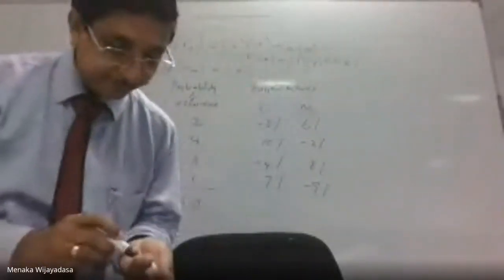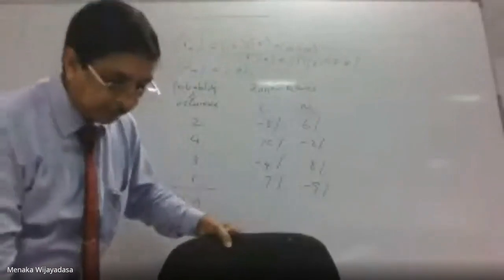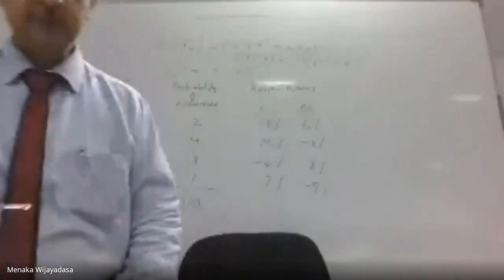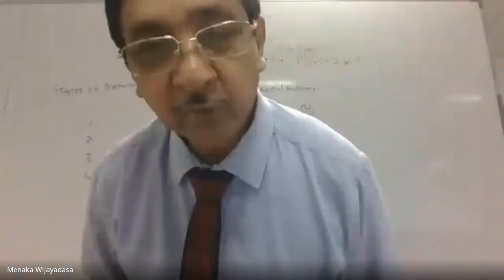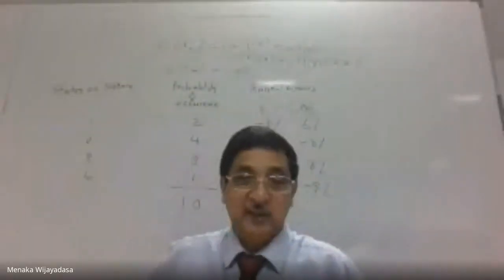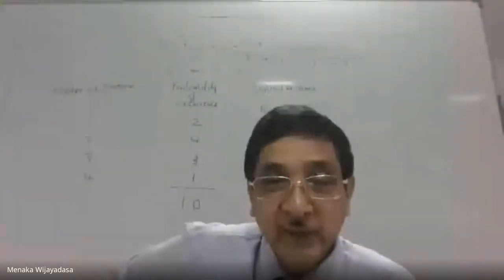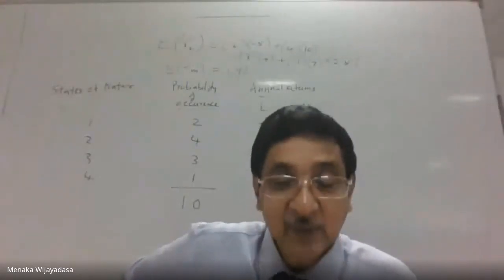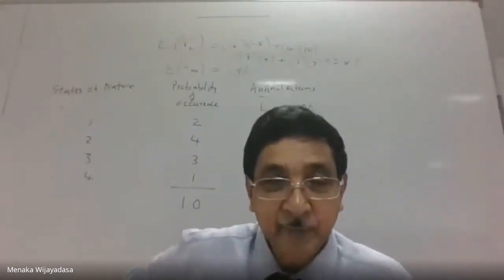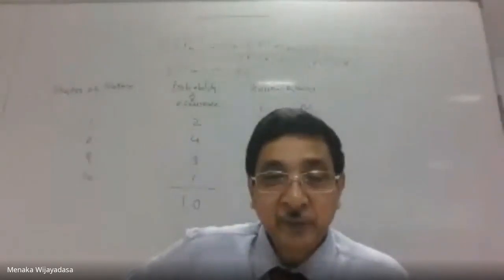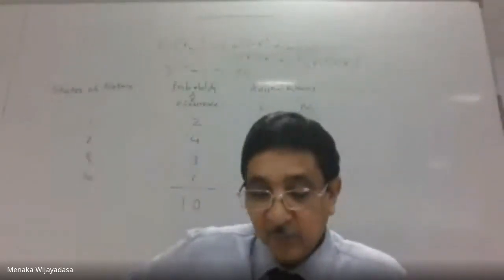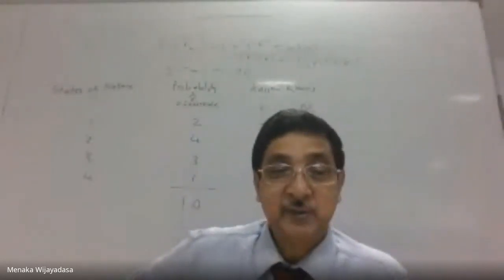Now, in our covariance calculation, we have already calculated the expected rate of return of L, that is 2.5%, and expected rate of return of M, that is 1.9%.